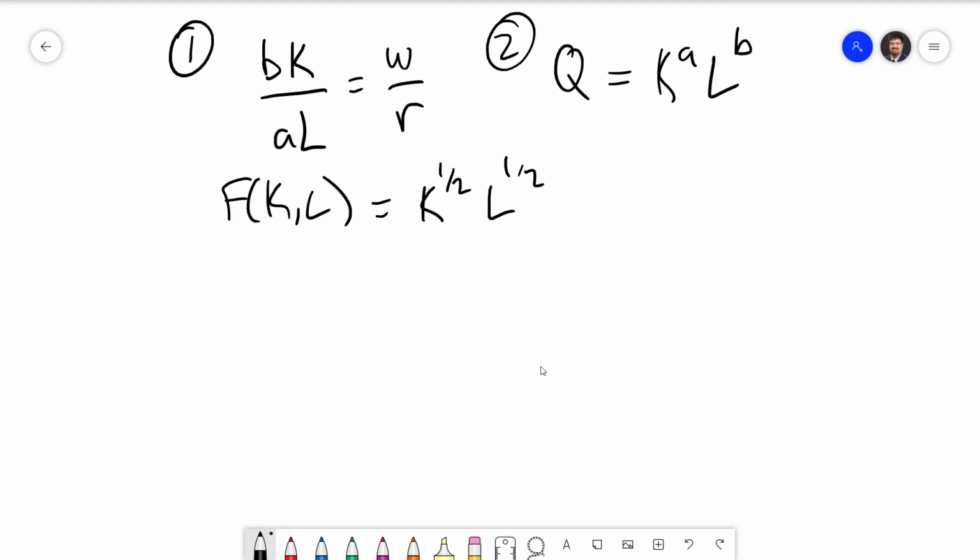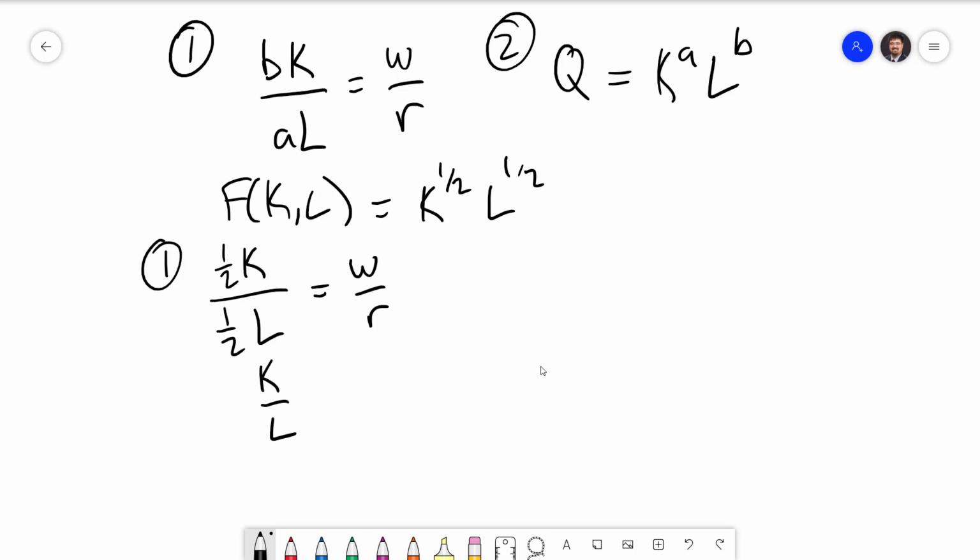We need to set up our two equations. For equation number one, we have 1/2 K over 1/2 L equals W over R. Those 1/2s cancel, so we just get K over L equals W over R. Remember that the 1/2s canceling here is just because the exponents were the same. That does not have to be the case. For our second equation, we have Q equals K to the 1/2, L to the 1/2.